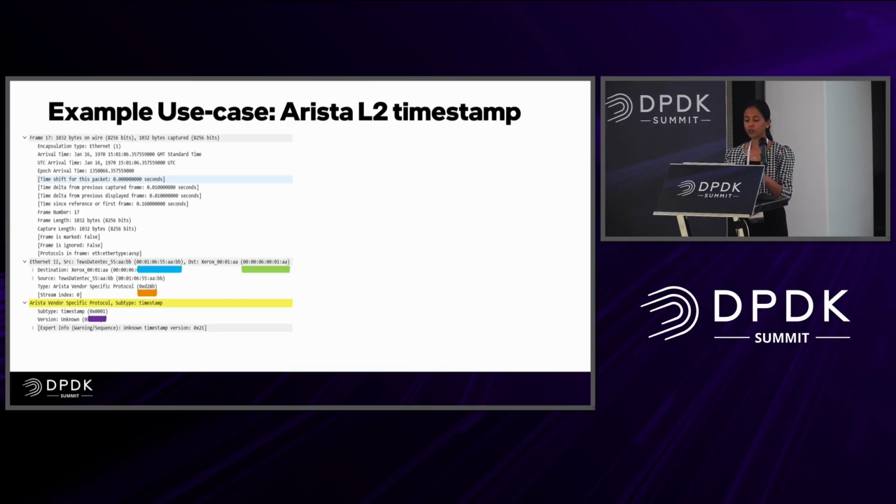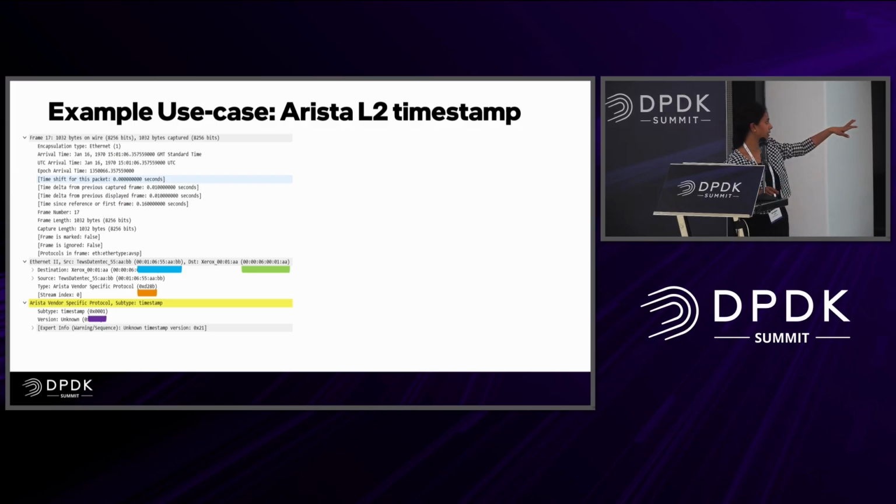Now, sometimes it is difficult to understand how this whole thing works. So we thought of explaining it with an example, and that is the Arista L2 timestamp. Like I said, in the Arista use case they wanted to hash on the basis of the timestamp value. This is the packet format which they had.